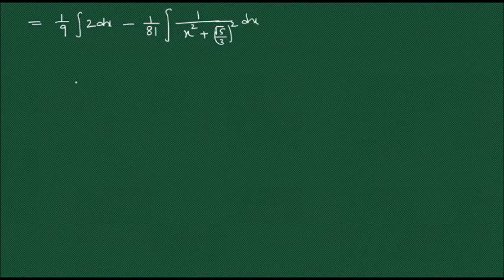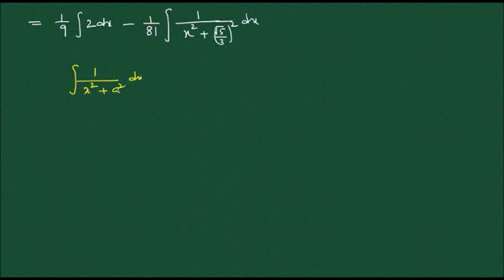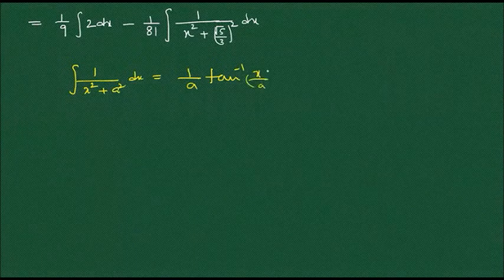In the problem, the structure visible is integration of 1 by x square plus a square dx, which is equal to 1 by a tan inverse x by a plus c.